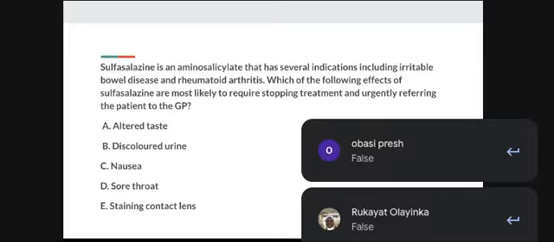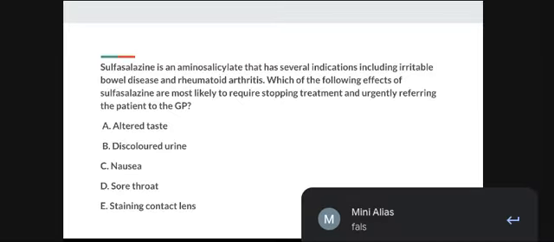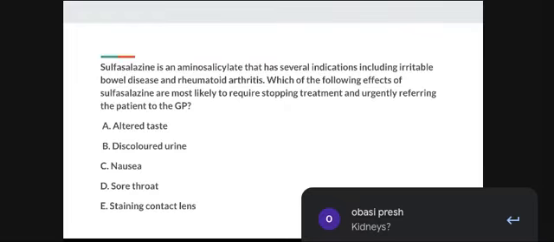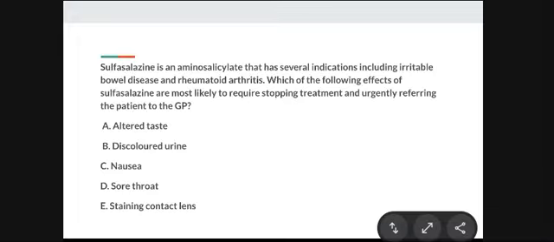False, yes. Adequate fluid intake is recommended with sulfasalazine, and that's because it can cause crystalluria, it can cause crystal formation in the urine, yes, like Presh said. So adequate fluid intake is recommended in patients on sulfasalazine.